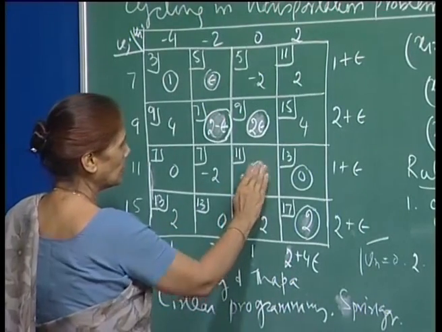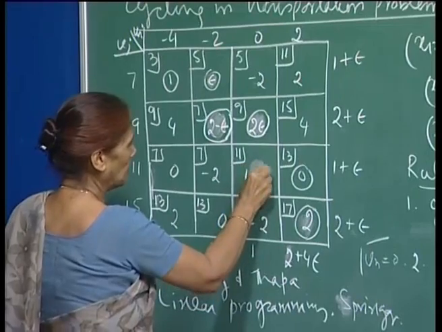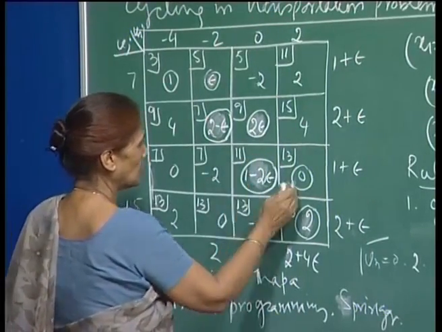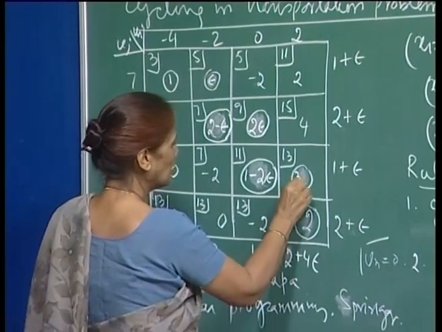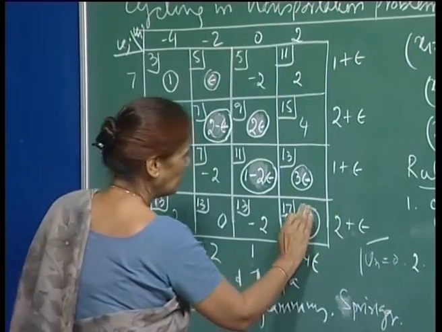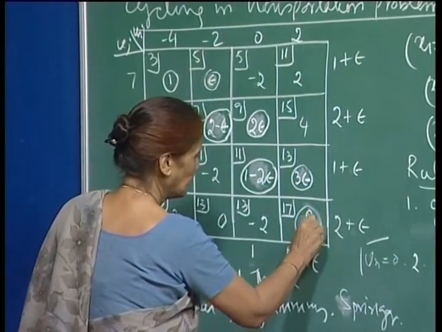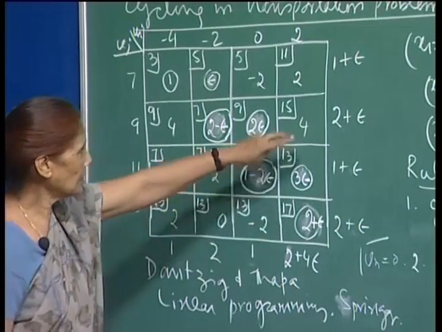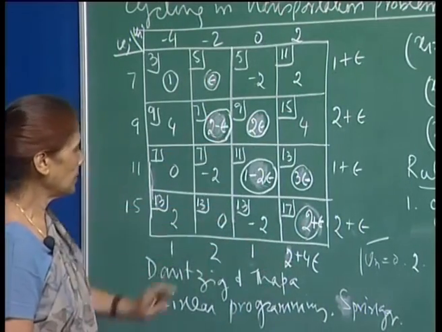So, I have to reduce this by 1 minus 2 epsilon, okay. And then this will be 3 epsilon, because 1 plus epsilon, right, and then here this will become plus epsilon. So, now all the numbers match, right, the row sums and the column sums, everything is okay.